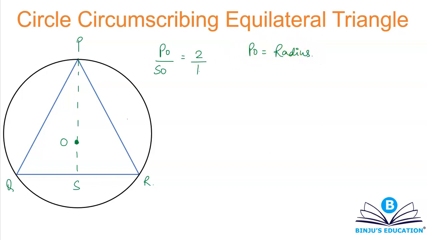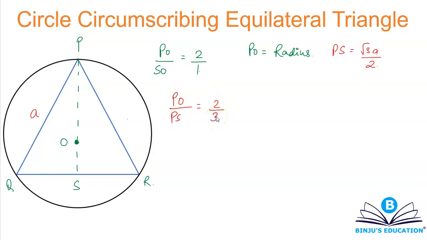Also you can again take the side of an equilateral triangle to be a units, so PS will simply become root 3a by 2 units, because the height of an equilateral triangle is root 3 times the side divided by 2. Now if PO by SO is 2:1, I can go on saying that PO divided by PS will be equal to 2/3.